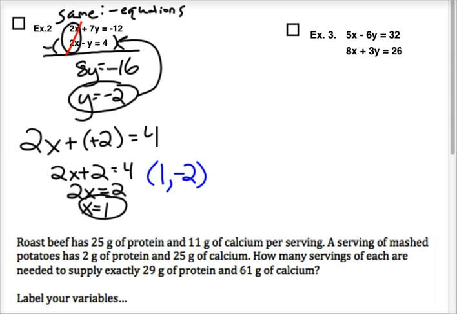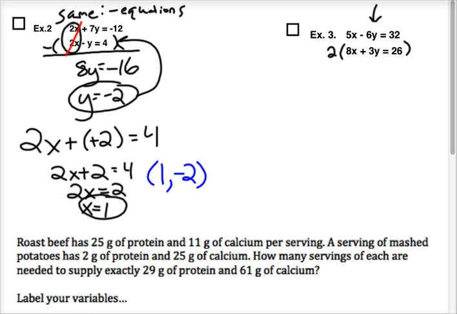Well, I'm going to notice my y's. Notice I have 6y and 3y. So if you recall way back from Algebra 1, if I were to multiply the second equation by 2, remember that doesn't change the solution to the equation. It doesn't really change the equation at all.